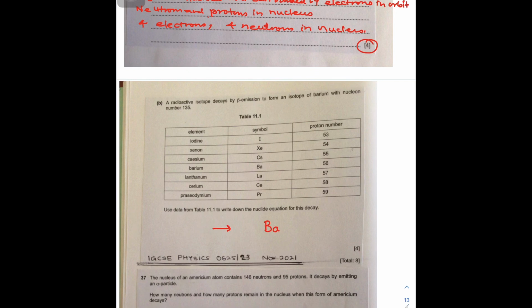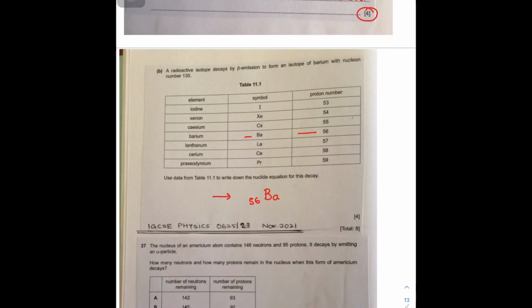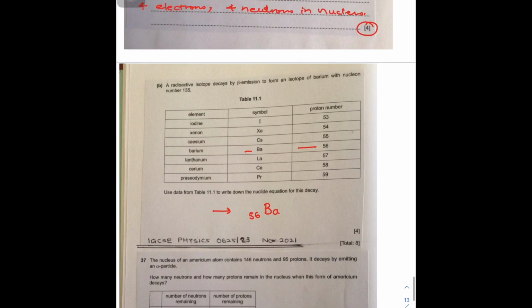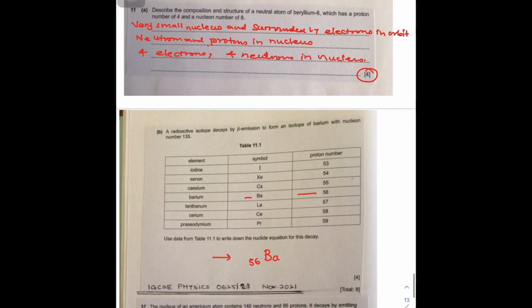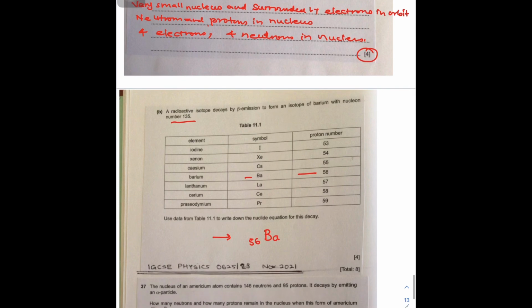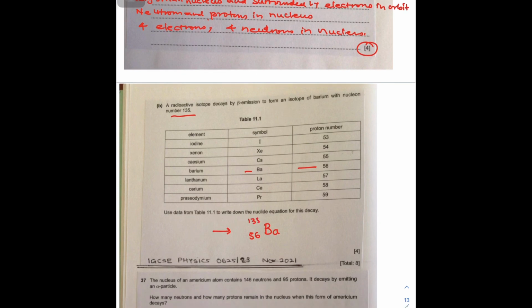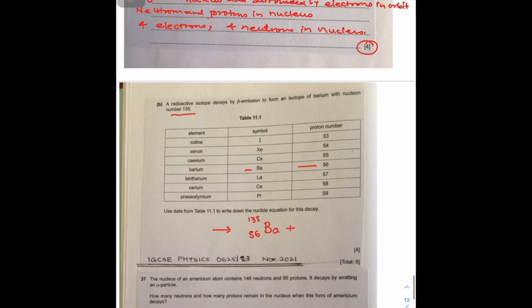So barium has 56 protons, and the nucleon number is 135. Beta decay is 1 electron, so -1, beta 0.